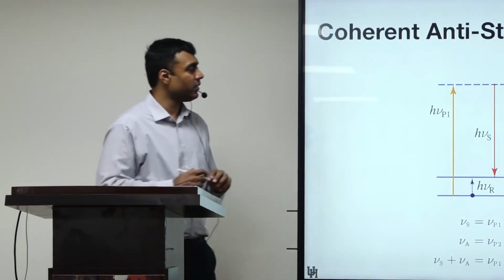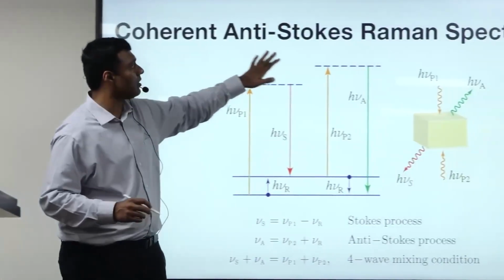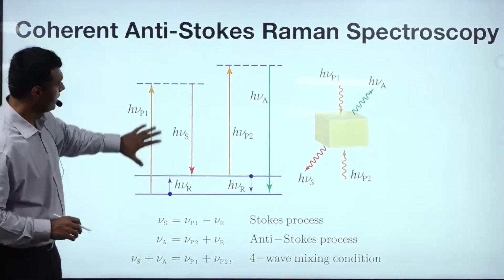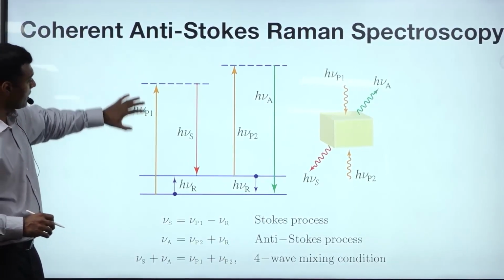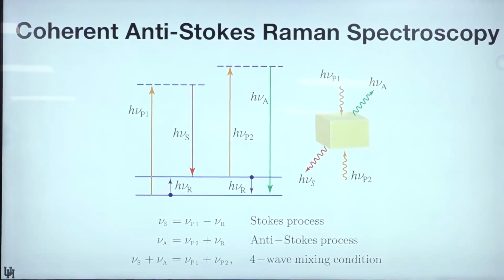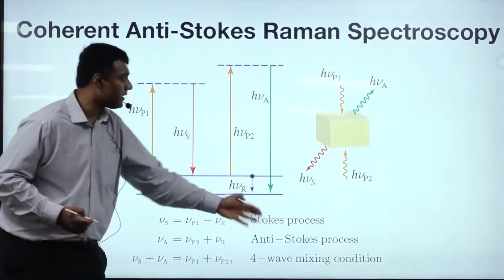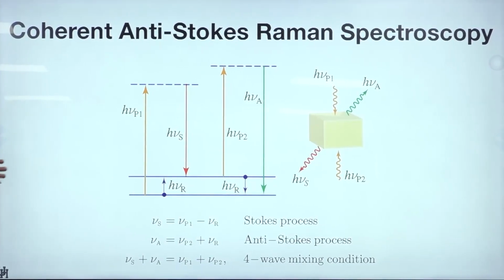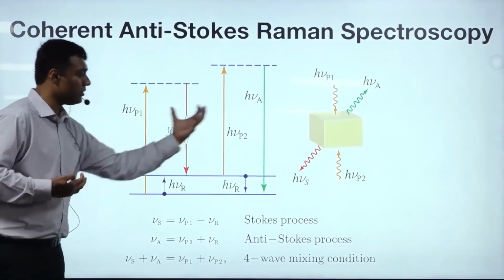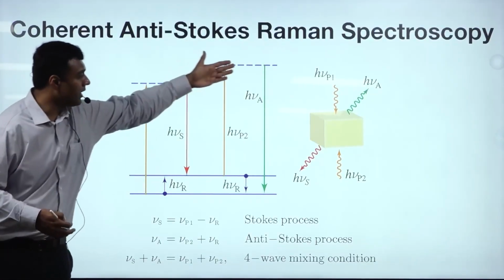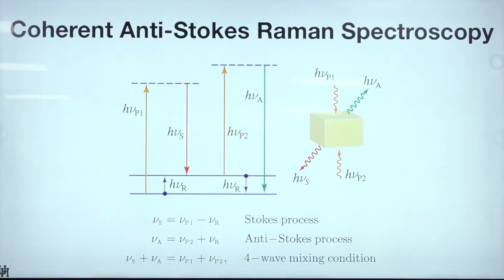Okay. And a related version of this is called CARS, coherent anti-Stokes Raman spectroscopy. Here again, you have two different wavelengths. You have this orange and a red incident at the same time, and you get another, green wavelength light out. It's the same process, but instead of making a measurement of the difference, you get a new, third wavelength, the green color, which comes out because of the coherent stimulated emission process.